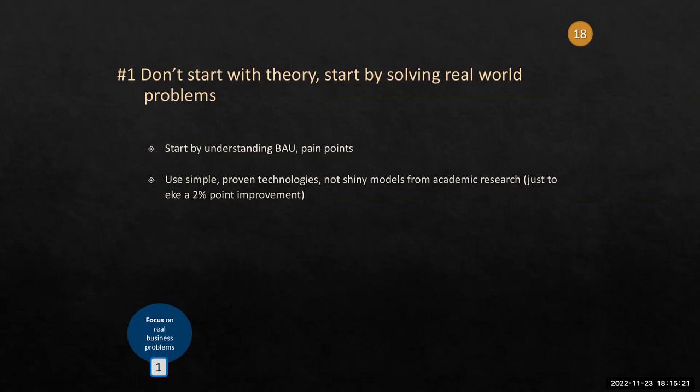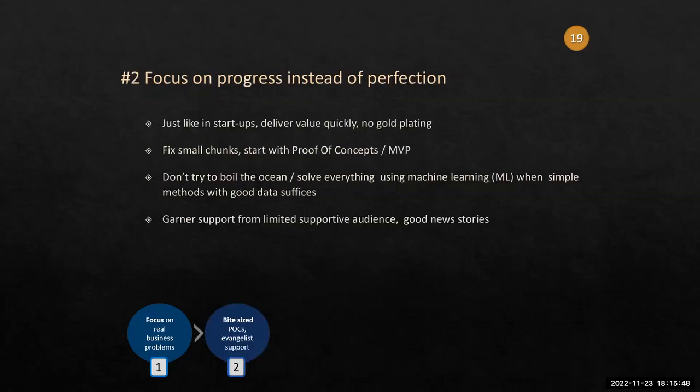Start by understanding the business that you're in. How do they make money? How do they survive? What are the pain points? And use simple, proven technologies. Don't use the latest algorithms. Use proven algorithms, not shiny models from academic research, just to get an extra 2 percentage points of improvement. So basically, focus on problems. Next slide.